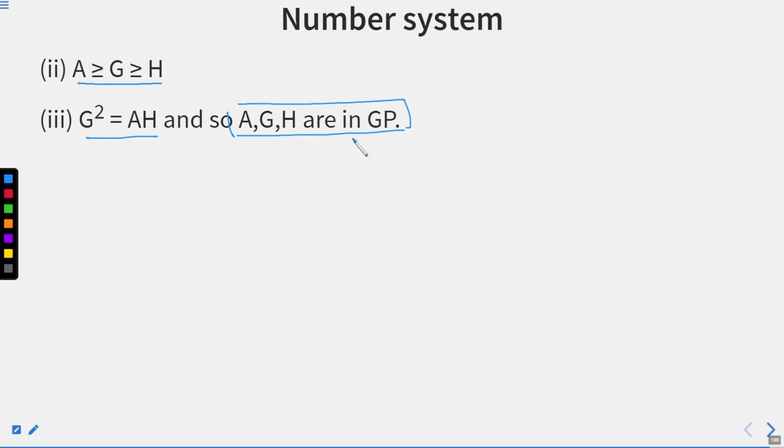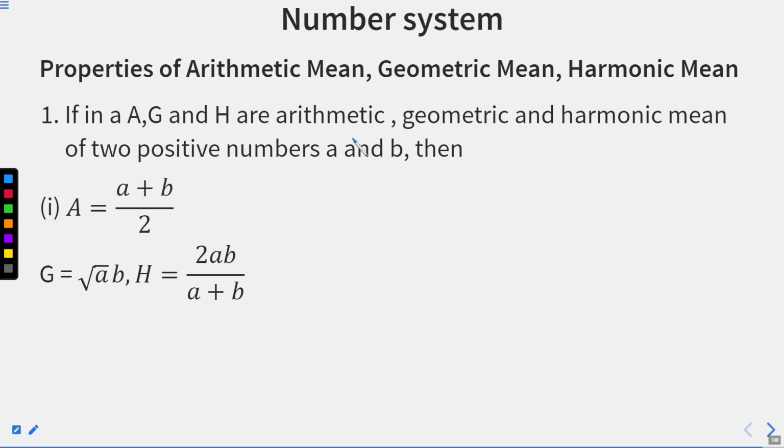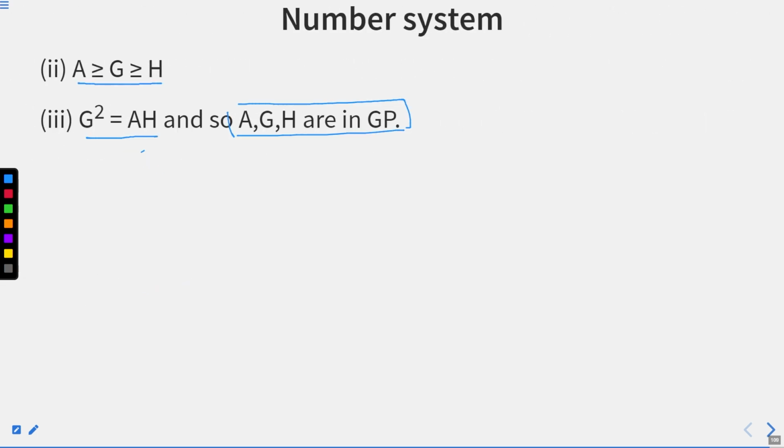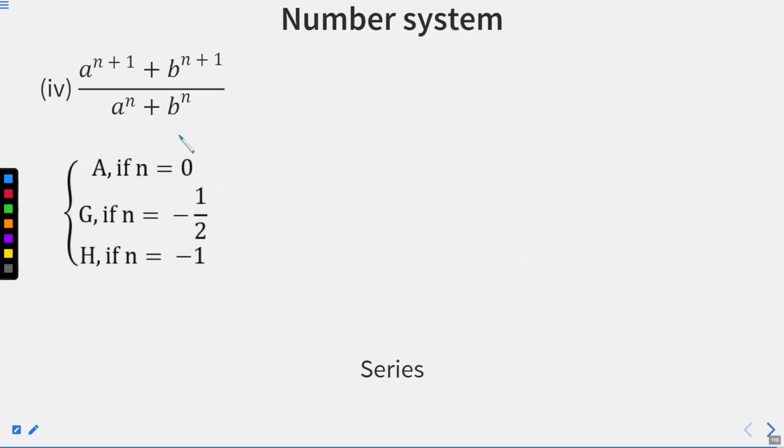That means you first have two data points a and b. You calculated A, G, and H, and now A, G, H are themselves in GP. In that case this relation holds. Now we have a to the power n plus 1 plus b to the power n plus 1, upon a to the power n plus b to the power n.